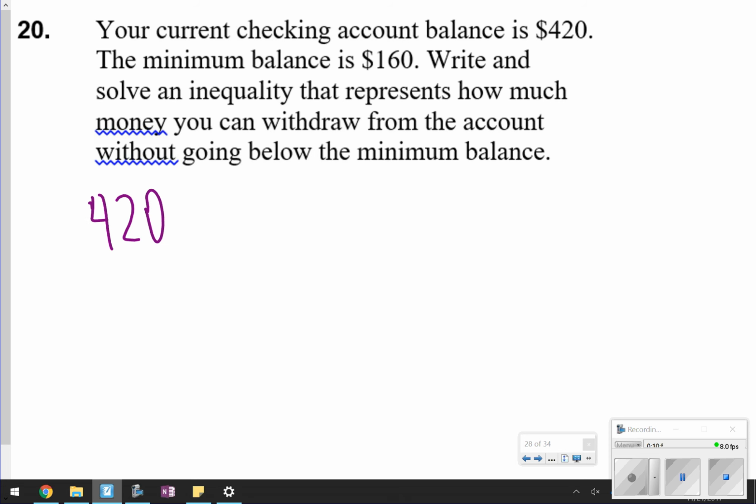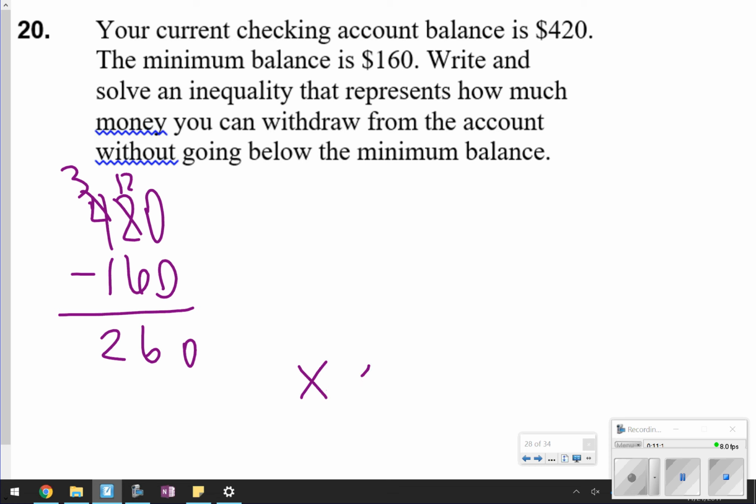And let's just think about what happens if we subtract 160. We get $260. So that means we could spend $260. That means X needs to be less than or equal to $260.